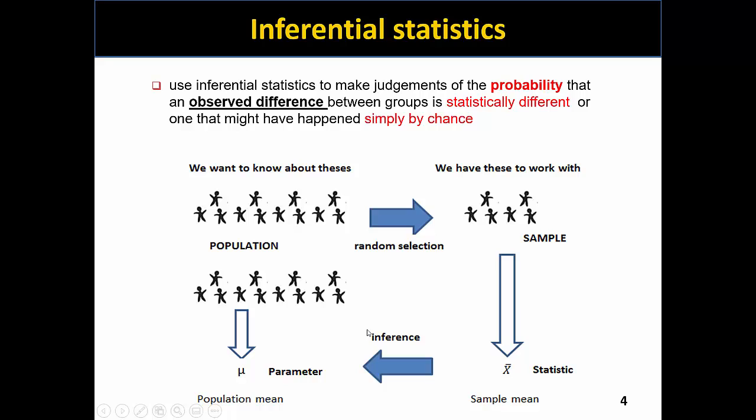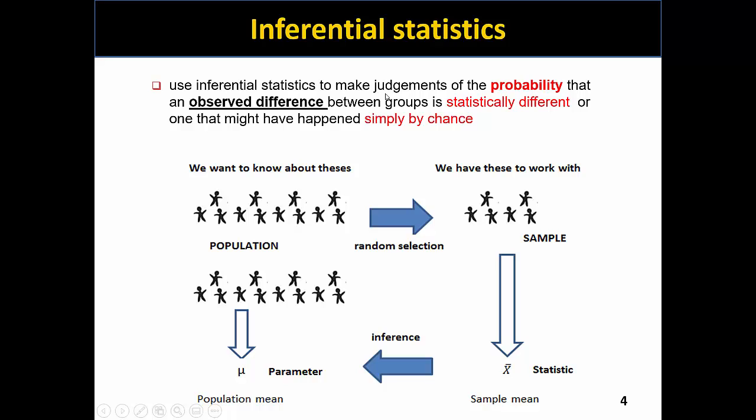So the key aspect to understanding the difference between a population and a sample is that we wish to use the sample because it is accessible to researchers, and from our observations, we want to make judgments back to the population of interest.